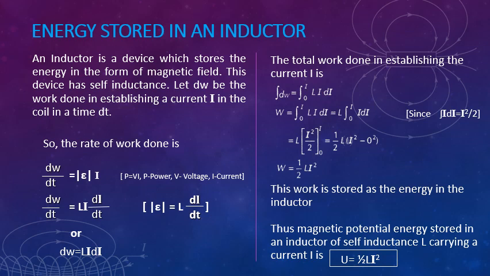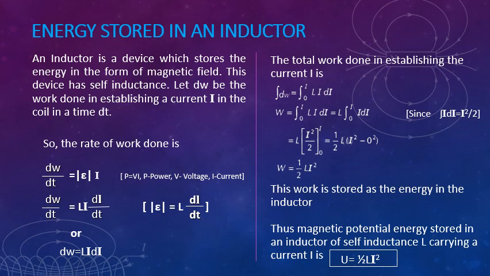Now, let us replace the magnitude of induced EMF E with L into di by dt. Therefore, the above equation becomes dW by dt is equal to L I di by dt, or dW is equal to L I di. The total work done in establishing the current I is obtained by integrating the above equation.